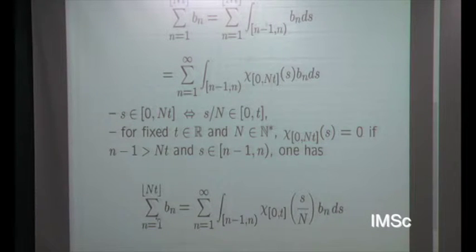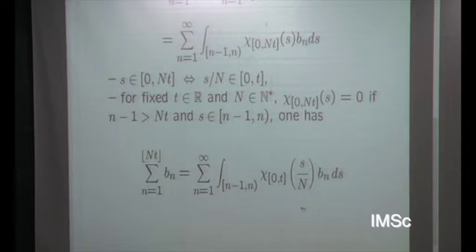So I can write a finite sum formally as an infinite sum with S over n. Notice this characteristic function has values in the real numbers, in fact 0 or 1, but Bn belongs to A, to the algebra.